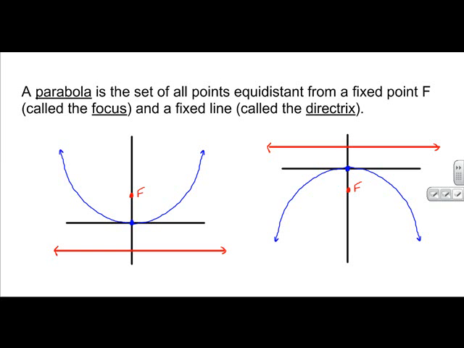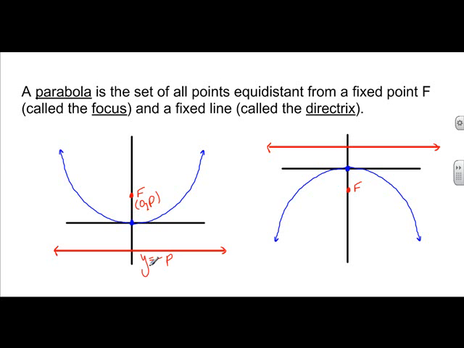And the focus, if the focus is above the vertex, then that ordered pair would be 0, p. And the fixed line, the directrix, excuse me, I'm confused, that is not 0, c. It's 0, p. And the fixed line then would be y equals negative p.